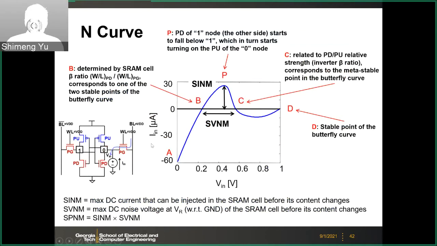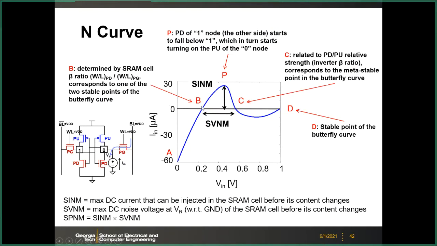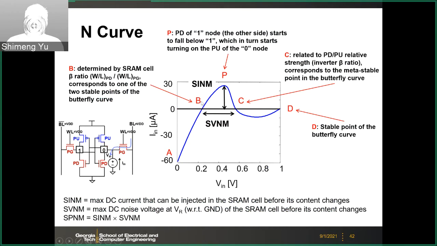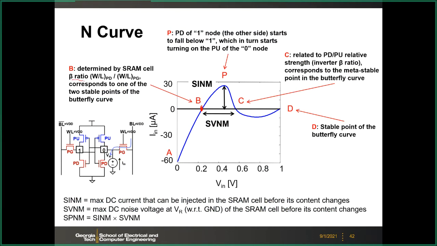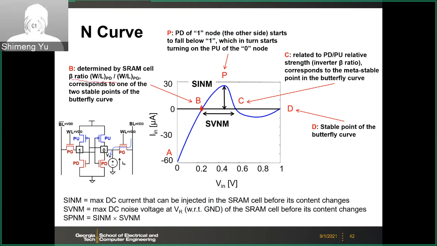So here are more locations for those key points in the Uncurve. So here the point B, this one, is determined by the beta ratio. And then the point P, that's the peak. This is the flipping point. And then this is the maximum voltage that the N1 node can sustain before it flip.